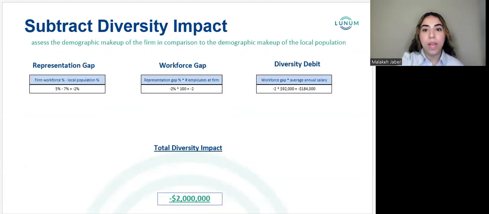Our next step is to calculate the diversity impact. When we're talking about diversity, we're essentially assessing the demographic makeup of the firm, and it's important to note that we assess it and compare that demographic makeup to the demographic makeup of the local population. That's important because, say in state Z, there are 10% white females.